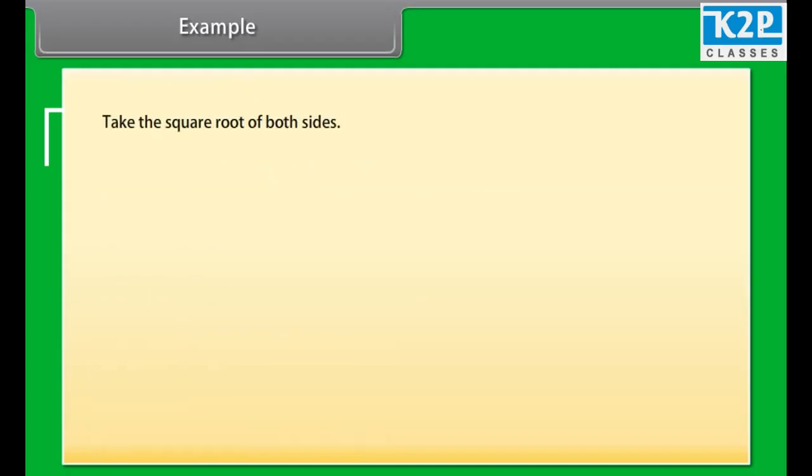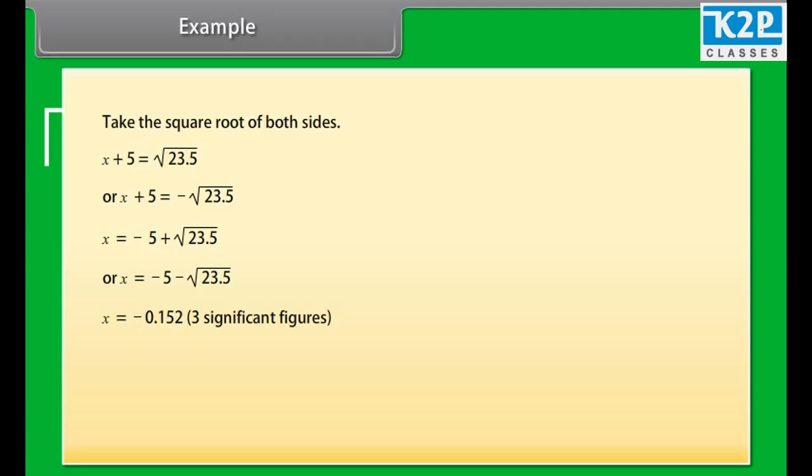Take the square root of both sides. x + 5 = √23.5 or x + 5 = -√23.5. x = -5 + √23.5 or x = -5 - √23.5. x = -0.152 to three significant figures, or x = -9.85 to three significant figures.